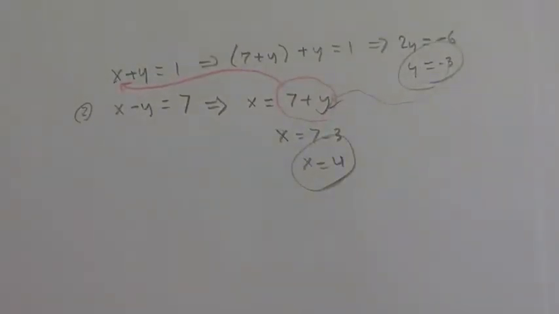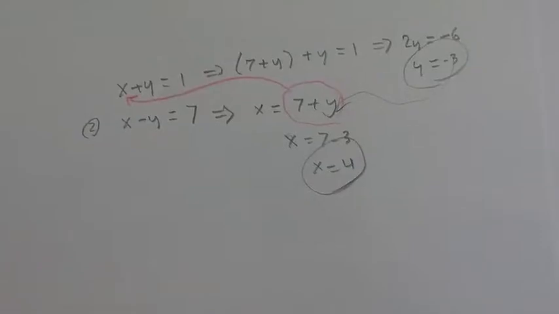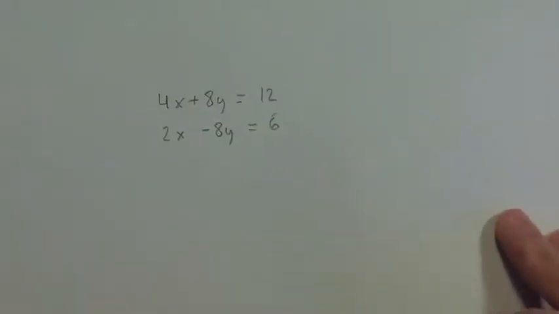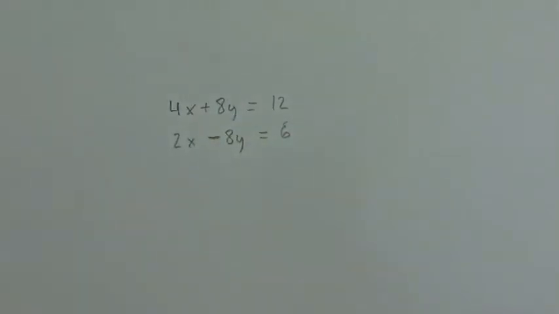Right? So let's look at a couple more examples, and hopefully it starts to settle in a little bit what we're trying to do. What you're really looking for is things that will cancel. Okay, so here's a system: 4x plus 8y is equal to 12, and 2x minus 8y is equal to 6.